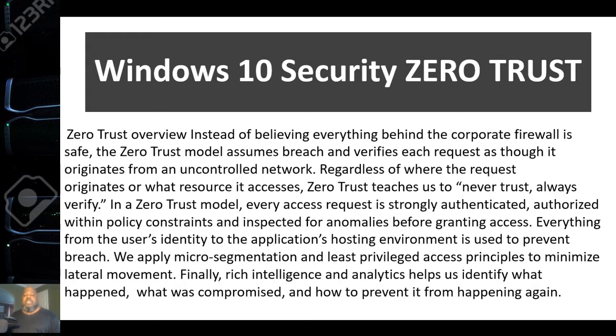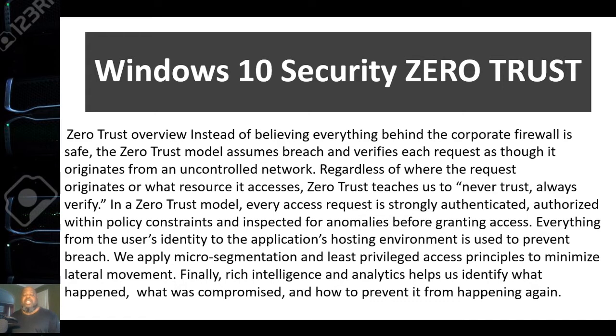Regardless of where the request originates or what resource it accesses, zero trust teaches us never trust, always verify. In the zero trust model, every access request is strongly authenticated, authorized within policy constraints, and inspected for anomalies before granting access. Everything from user identity to the application hosting environment is used to prevent the breach.